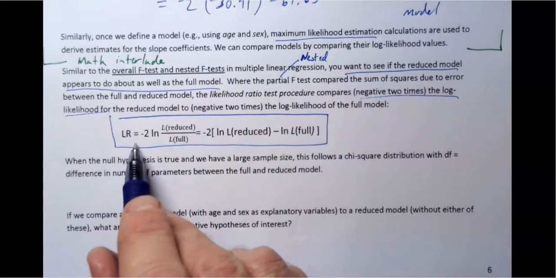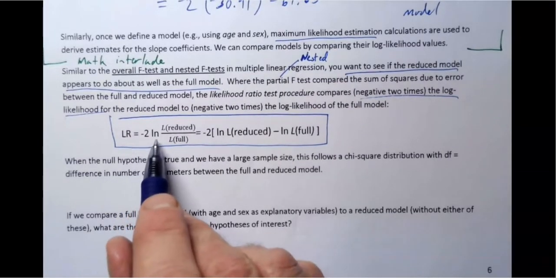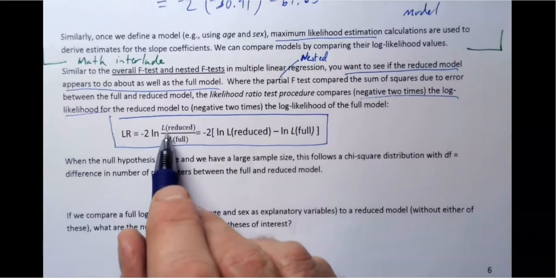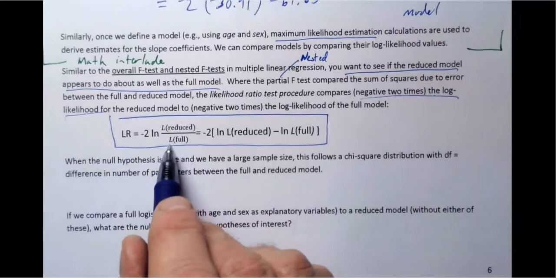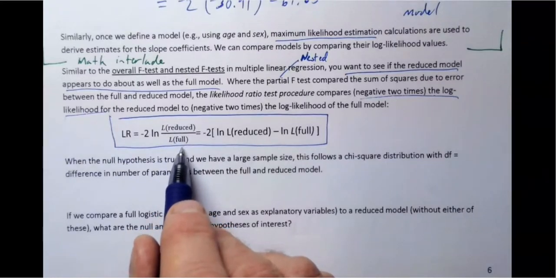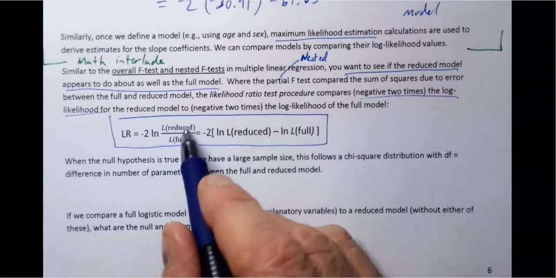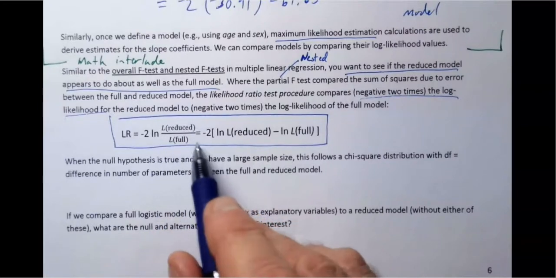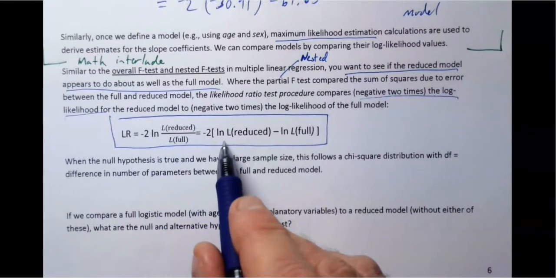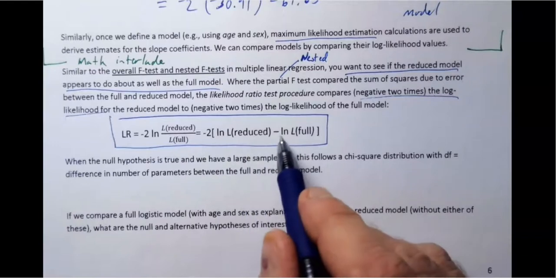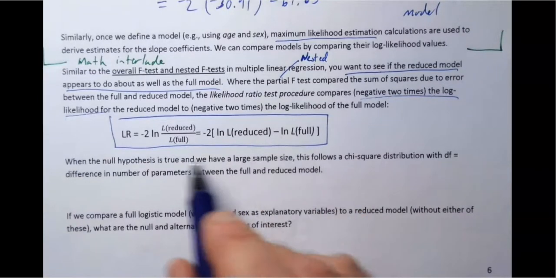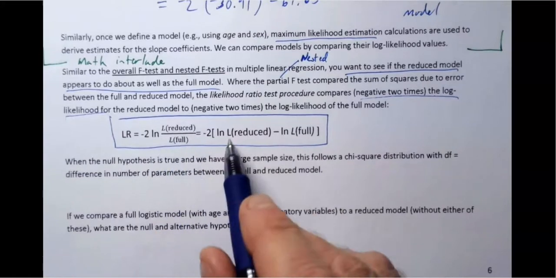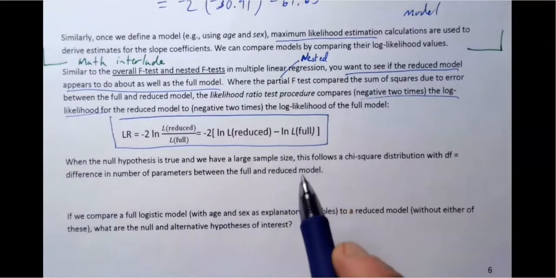The likelihood ratio test statistic is -2 times the log of the likelihood for the reduced model divided by the likelihood for the full model. Or, since we're taking the log of this ratio, we can also take -2 times the log likelihood for the reduced model minus the log likelihood for the full model. The log of a ratio is just the difference in logs, which is where that comes from.